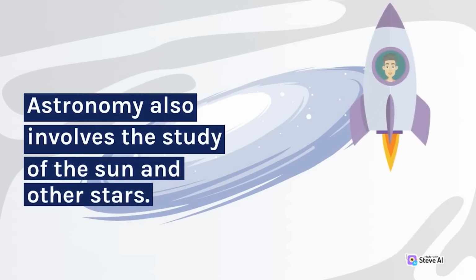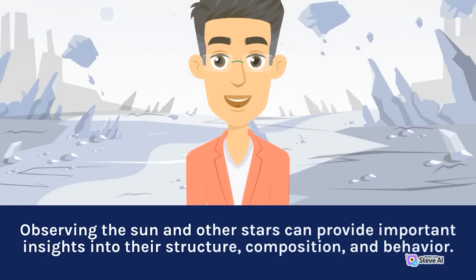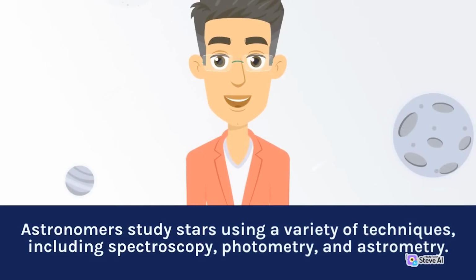Astronomy also involves the study of the Sun and other stars. Observing the Sun and other stars can provide important insights into their structure, composition, and behavior. Astronomers study stars using a variety of techniques, including spectroscopy, photometry, and astrometry.